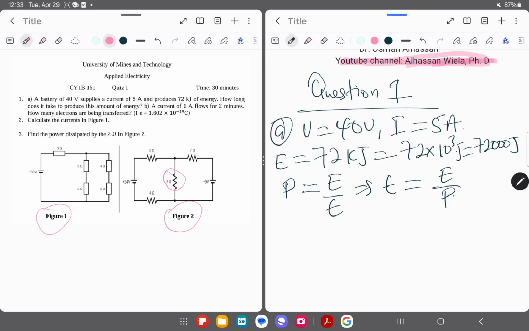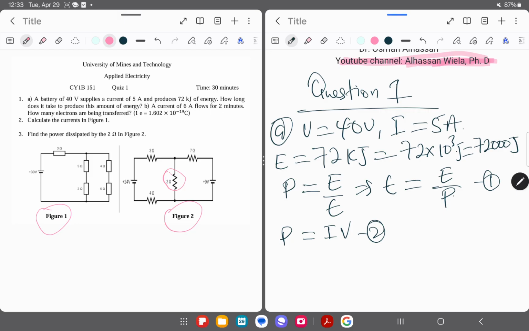At the same time, we know that power can also be equal to the current times voltage. So if I know the current and the voltage, you multiply them, then you get the power. Let's say this was equation 1 and this is equation 2.